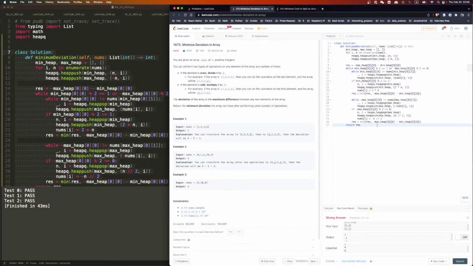Or big decreases, right? And now we have the previous big and the current small. They can do that as well. Or I can say change the original.